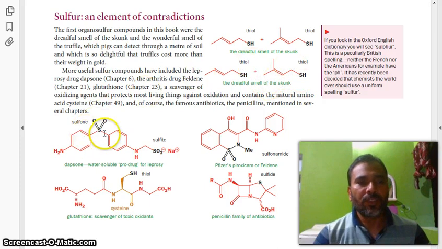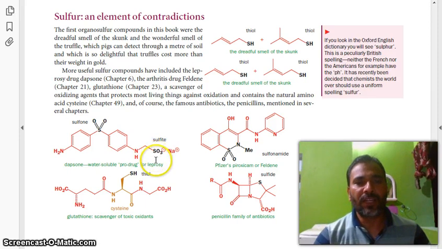Now you have heard about sulfone. You see sulfur double bond oxygen, sulfur double bond oxygen. This is the sulfone functional group present in dapsone, a water soluble prodrug for leprosy. And sulfonate, SO3 minus, here sulfur SO3 minus.